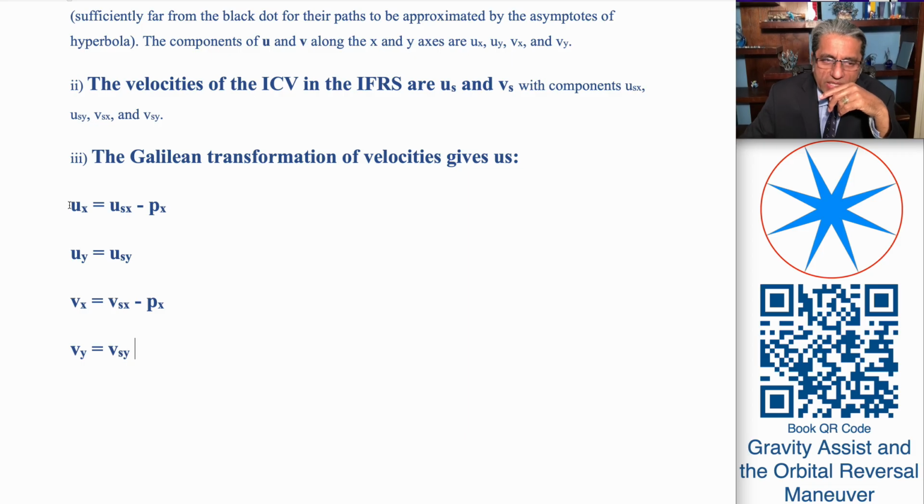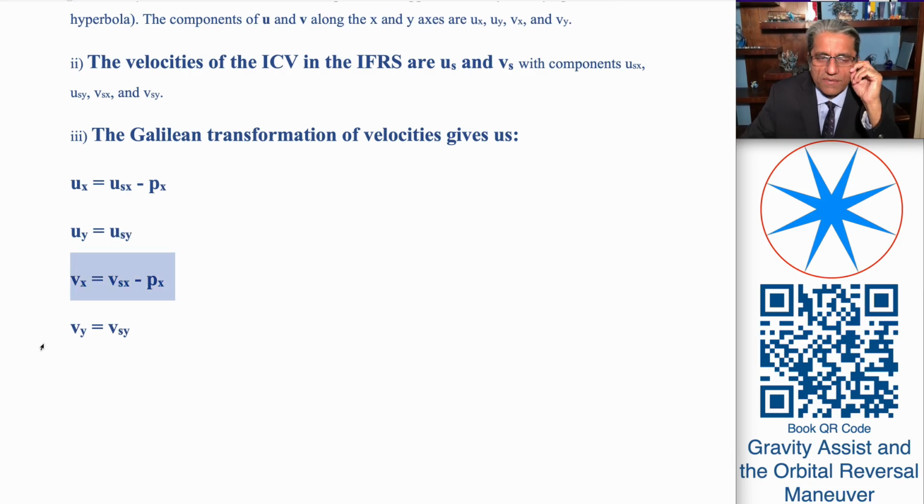The new velocity along the x-axis will be whatever it was in the solar frame of reference minus px, where px is the velocity of the planet. Similarly, the y component of velocity will be the same as the y component in the solar frame of reference, because we have set the planet's motion along the y-axis to be 0, and similarly for the velocities after gravity assist. Okay.